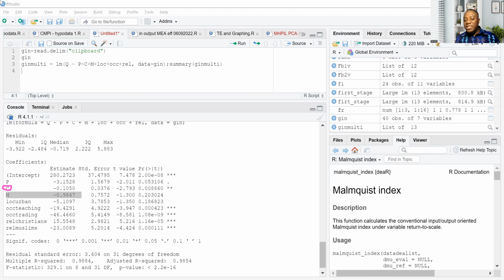If you don't see Buddhist here, it's because it's the reference category. I did not say given religion Christians, or given religion Muslim. All I said is given religion. So for dummies, you don't pick them one by one. You take the dummy umbrella name and use that.